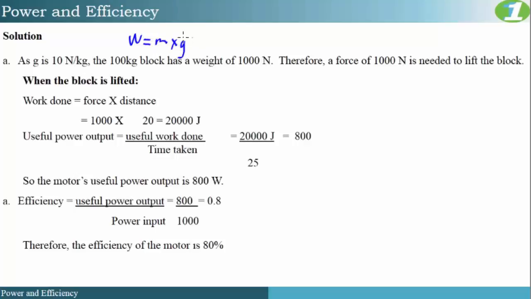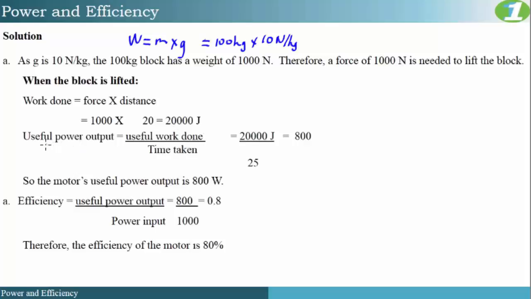So this would be 100 kilograms times 10 newtons per kilogram to give us a weight of 1000 newtons. Therefore, a force of 1000 newtons is needed to lift the block. Now, when this block is lifted, work is going to be done in terms of force times distance, which is 1000 newtons times 20 meters, which gives us a work done of 20,000 joules.